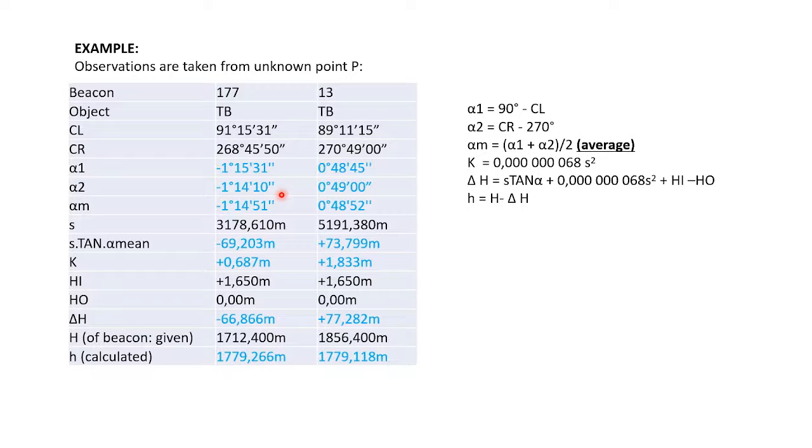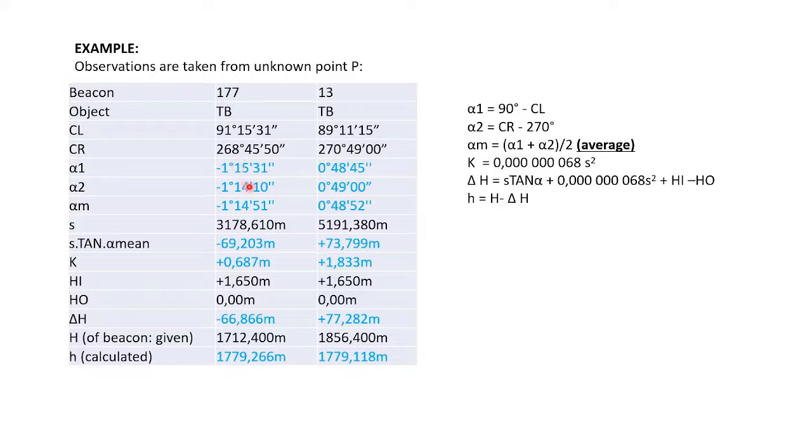For alpha 2, we have the circle right minus 270, as I stated earlier. So now we have this value minus 270 gives us negative 1, 14, 10. See how these two values are quite similar. With this one, we have 270, 49, 0, minus 270 gives us 49 minutes.